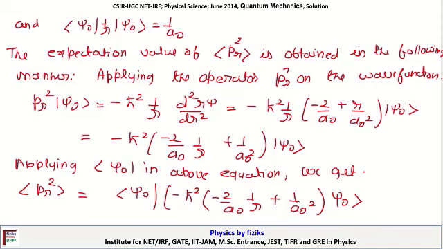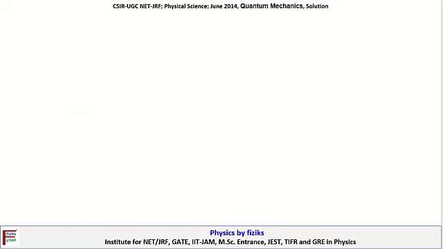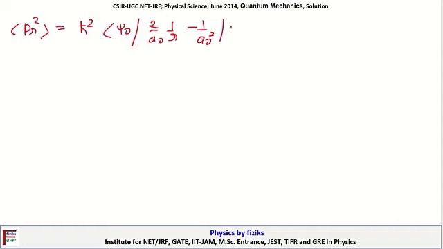Now this can be further modified as P_r square equals h cross square psi_0 (2 by a_0 (1 by r) minus 1 by a_0 square) of psi_0.